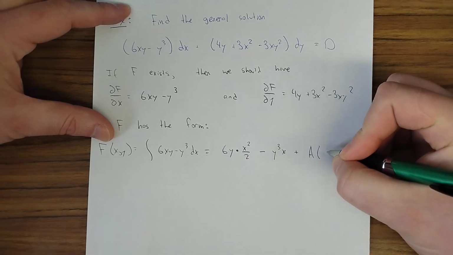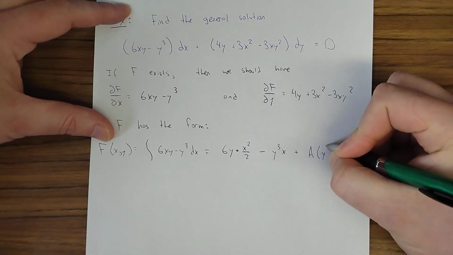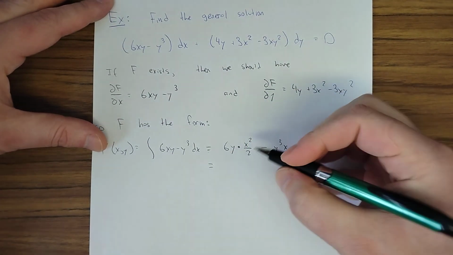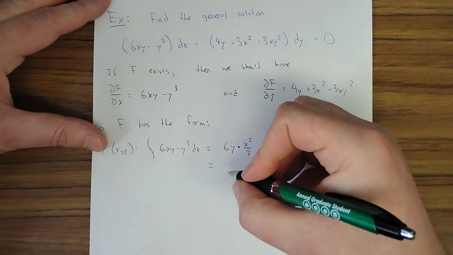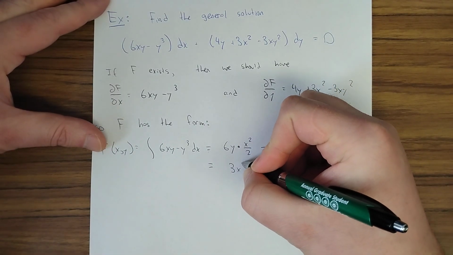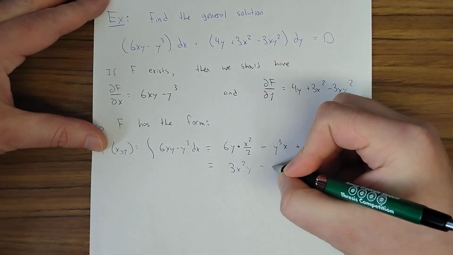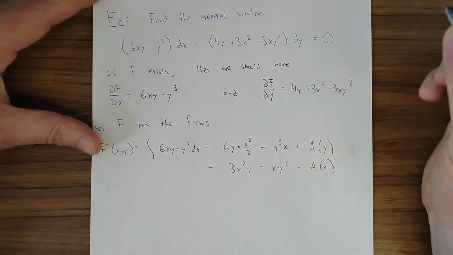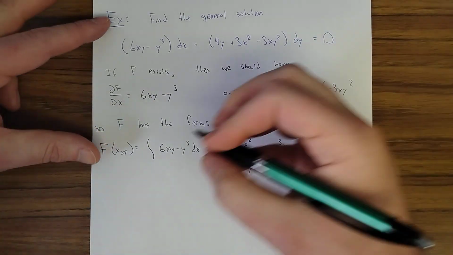It's like a constant, but only in the sense that it doesn't depend on x. It might depend on y, so I write it as a function of just y. Maybe I should have canceled these as I went, but all right, so we do that.